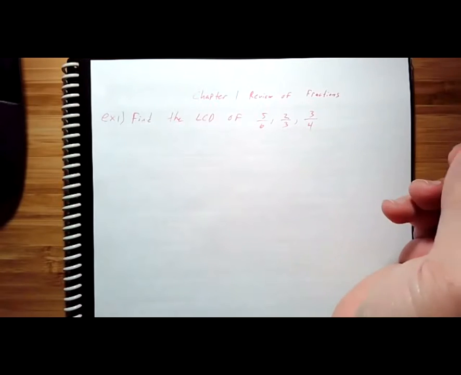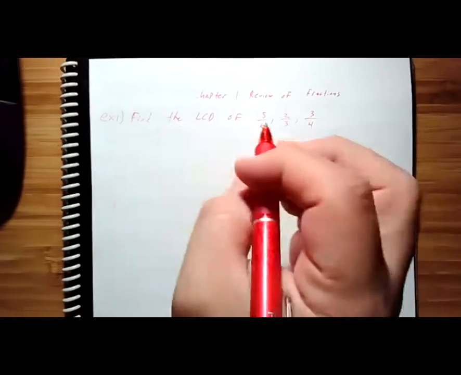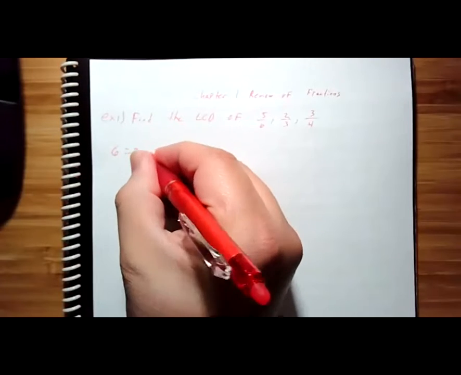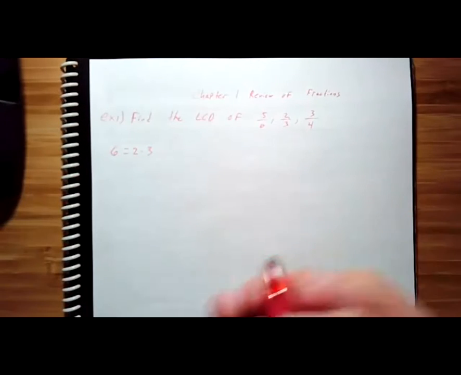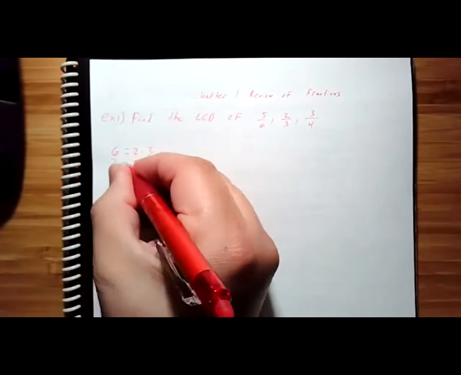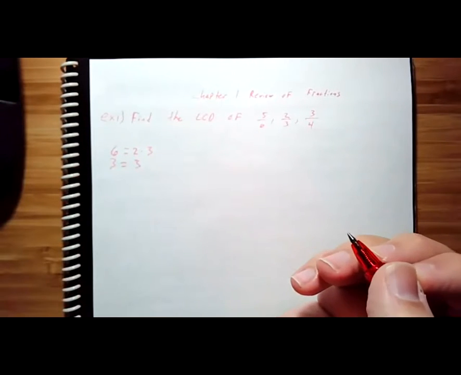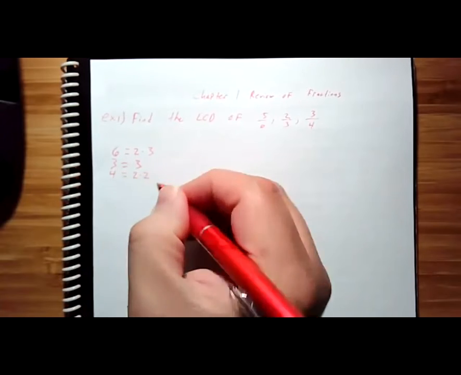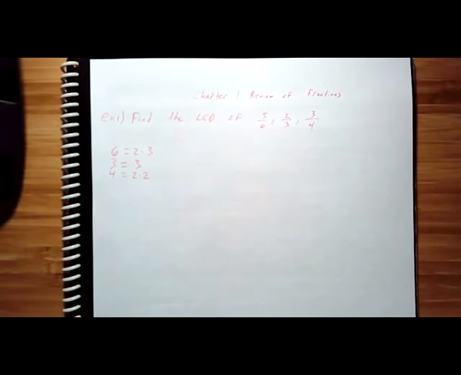So what I recommend is take each denominator and factor it into prime numbers. Now, if it's already prime, well, it's already prime, right? 4 is 2 times 2. So do you agree that all of these are factored into prime numbers?